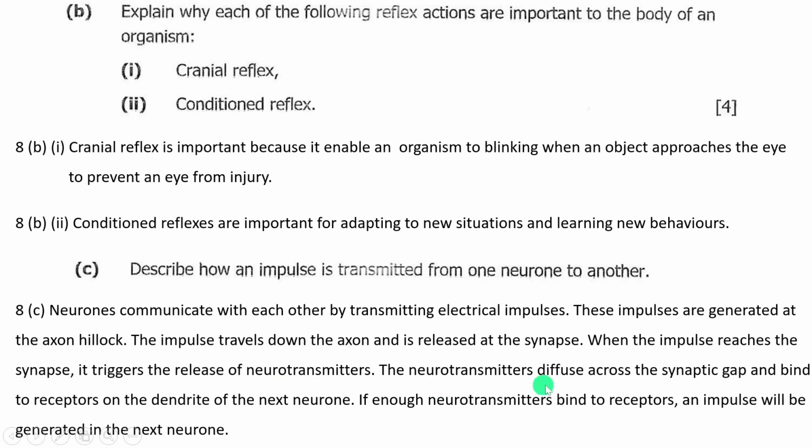The neurotransmitters diffuse across the synapse gap and bind to receptors on the dendrite of the next neuron. If enough neurotransmitter bind to receptors, an impulse will be generated in the next neuron. Yeah, so this is the explanation to this straightforward.